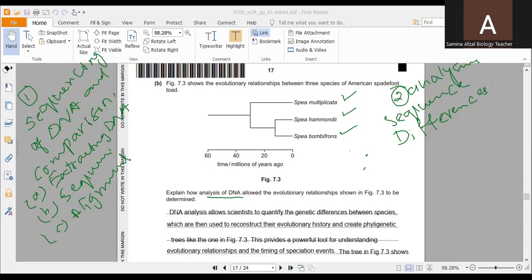And the third is constructing phylogenetic trees. For this phylogenetic analysis, they will use different software programs that use the genetic distance data to construct phylogenetic trees.